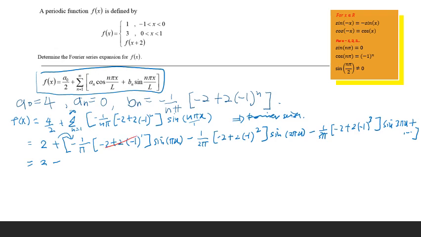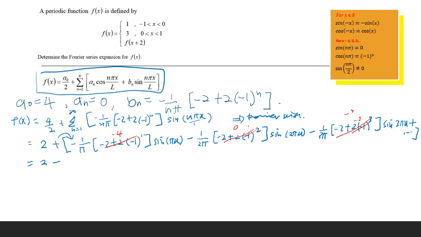Simplify this one, we get minus 4. Here we have negative 1 power 2 is equal to 1, so negative 2 plus 2 multiplied by 1, we will get 0. Negative 1 power 3 is negative 1 multiplied by 2, we get negative 2. So negative 2 minus 2, we get minus 4.